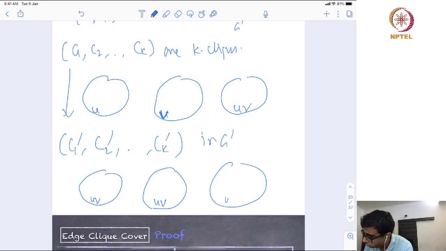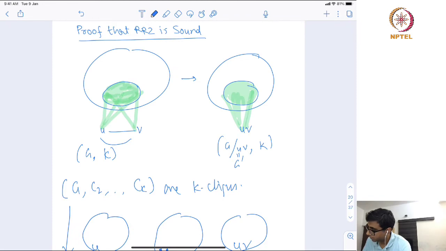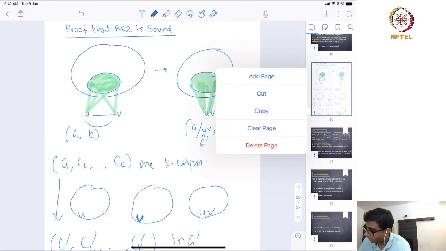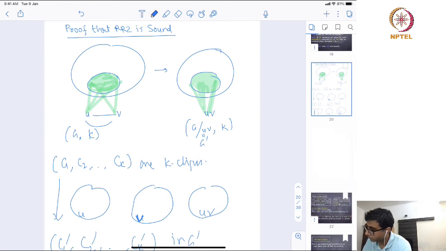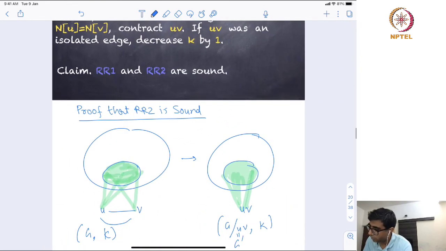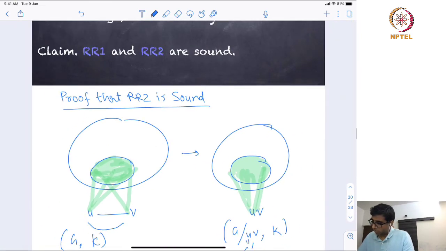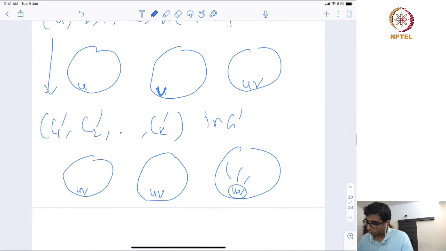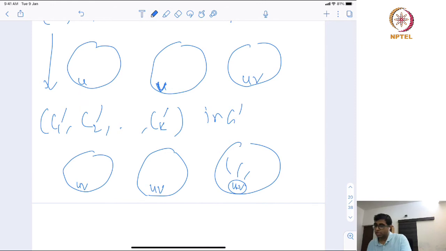And if there is an edge UV, you contract this edge. Now, why is it true? Notice one thing: look at all the edges which U was adjacent to. You know that V is also adjacent to the same things. So when I replace U by the vertex UV, it doesn't matter.